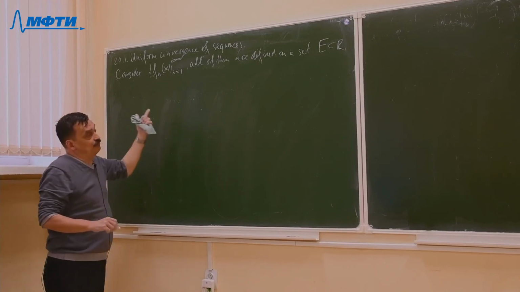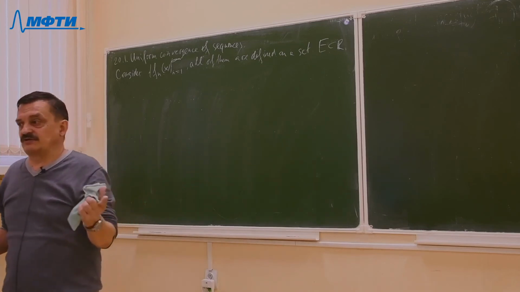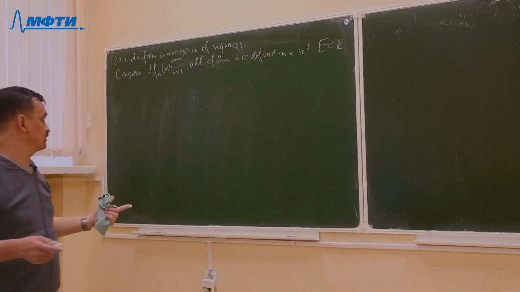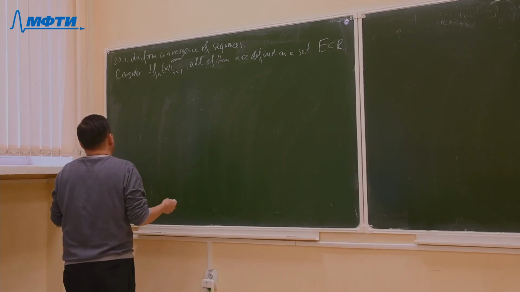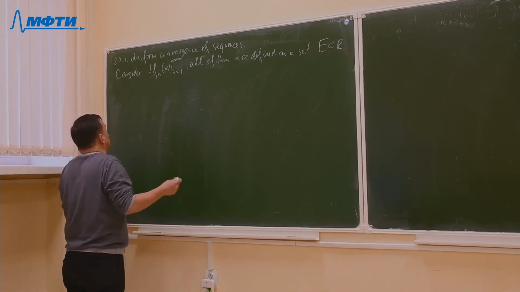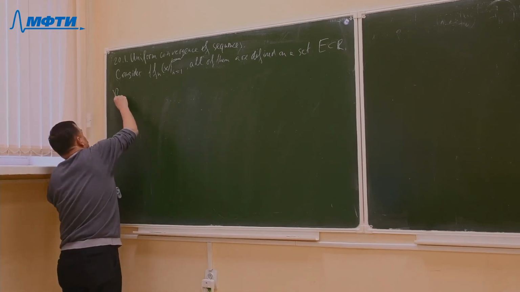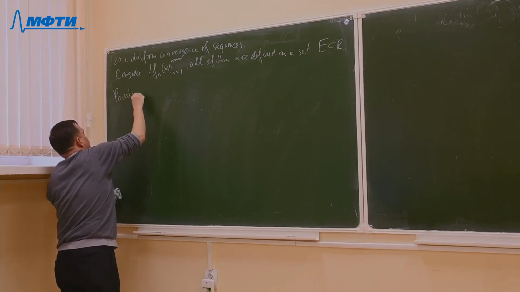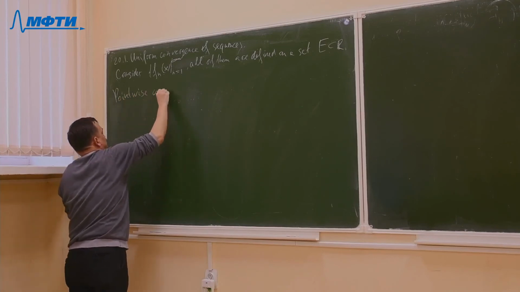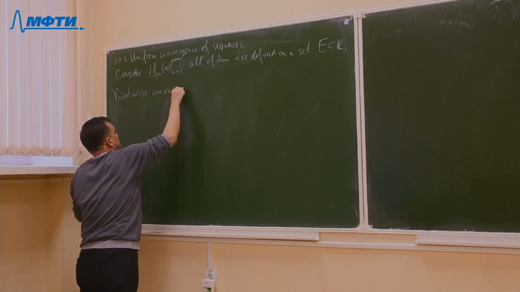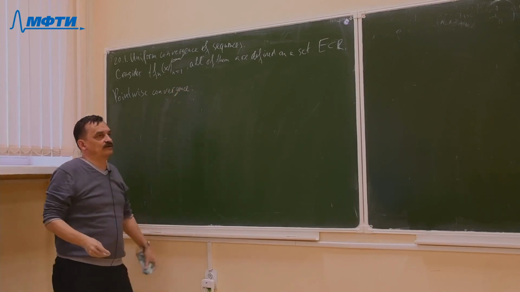And if we are talking about convergence of this sequence of numbers, then we call it pointwise convergence. What is pointwise convergence?